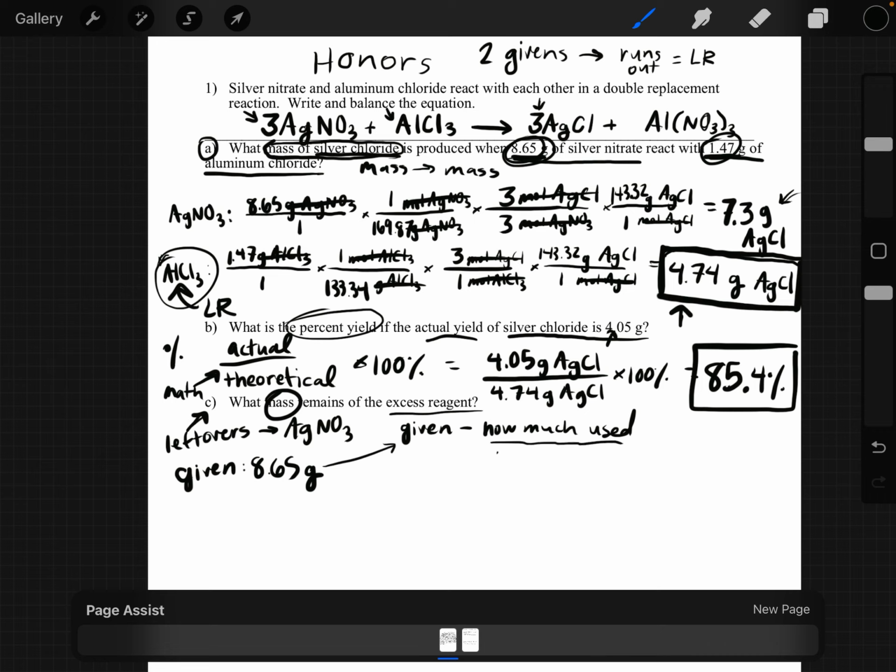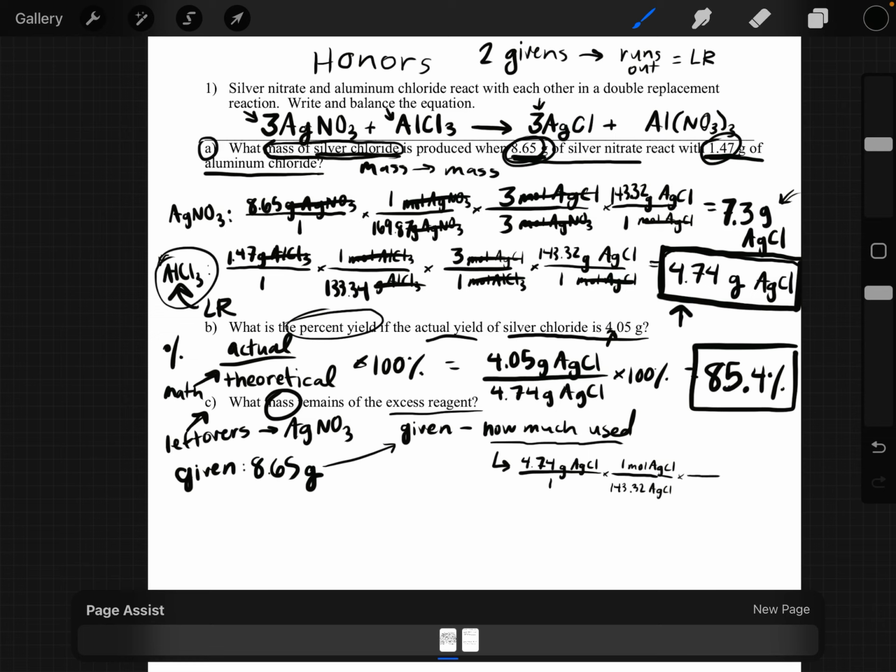So I'm going to do this right here. I hope I have enough room. So you're going to want to go backwards from however much we made. So we said 4.74 grams of AgCl. We have to do a 4-step stoichiometric problem back to grams of silver nitrate. So I'm going to end up using my 4 steps. You might want to pause and watch what I'm doing because I'm not going to explain this super in depth.